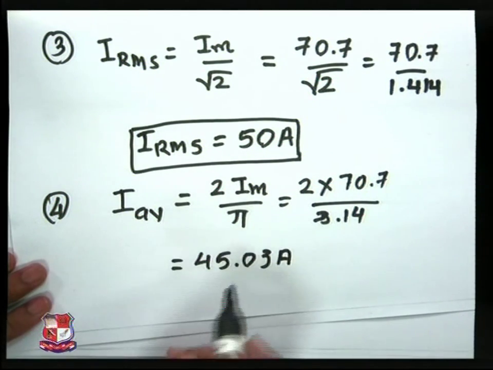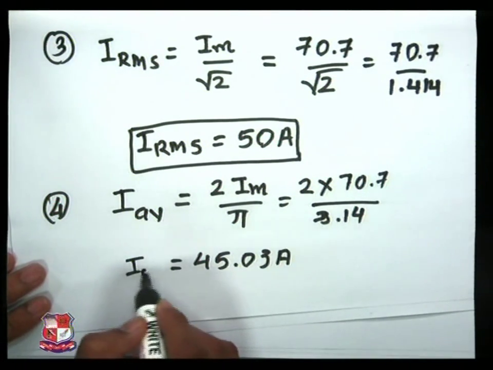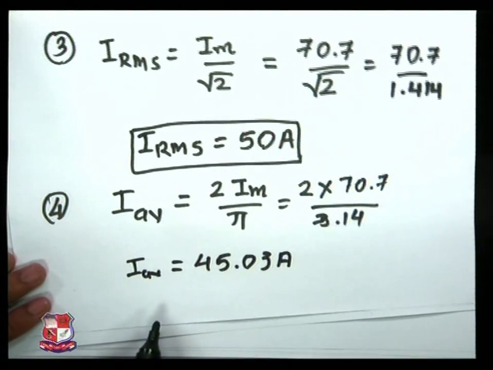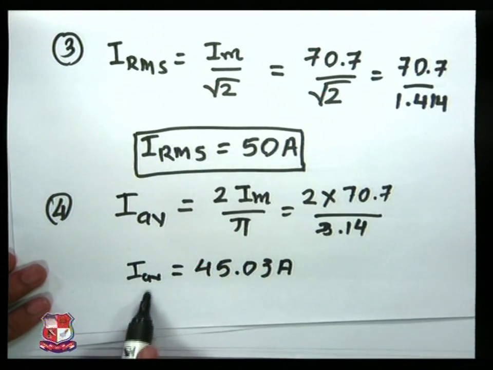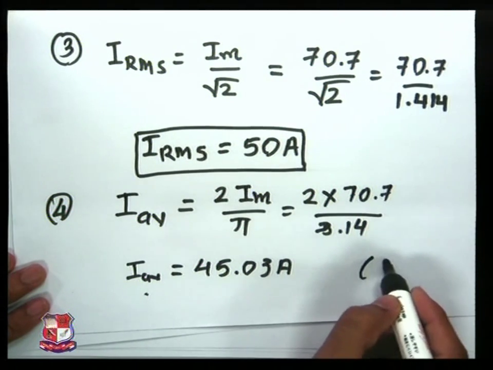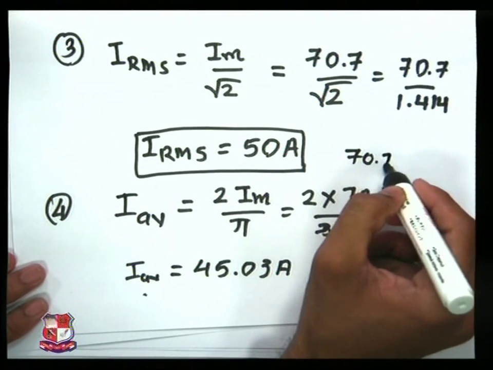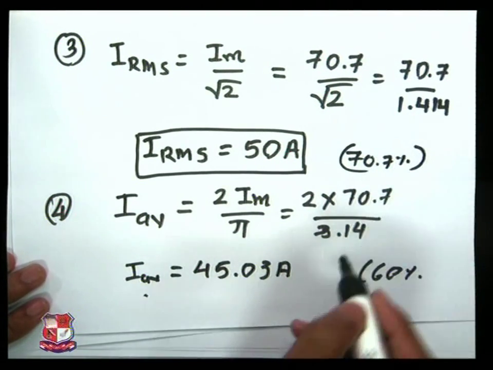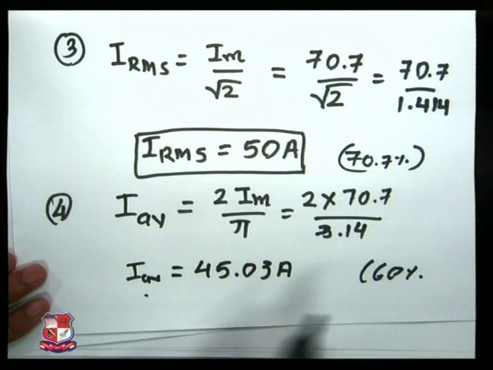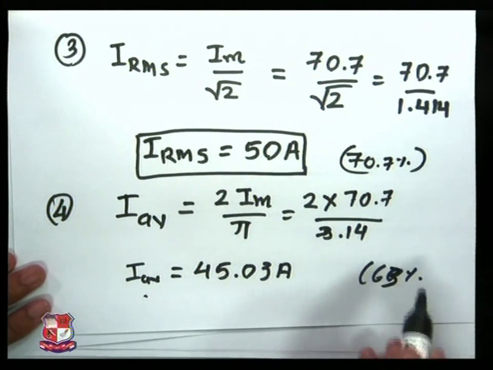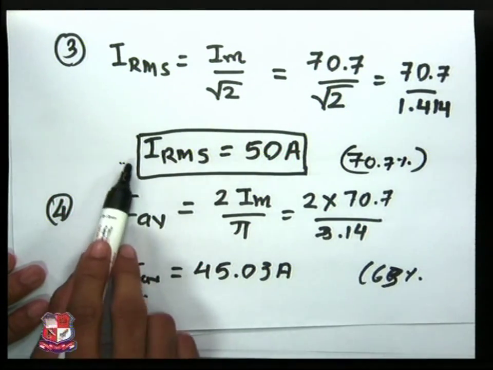Now the average value is always less than the root mean square value, because the average value is about 60%, near about 63%, while the RMS value is 70.7% of the maximum current. So the average value is less than the RMS value.